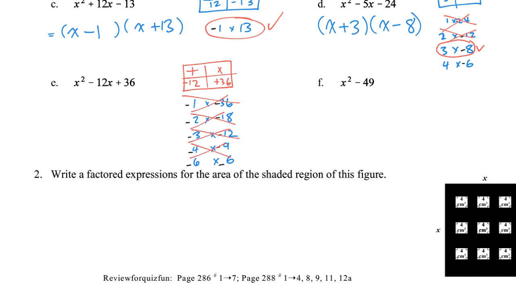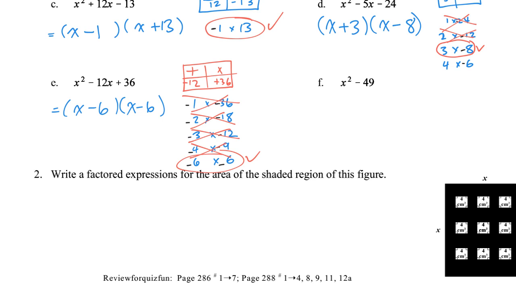This one doesn't work, but this last one does, because we have -6 plus -6 gives us our -12. Perfect. So now all we have to do is write our brackets with x. And now we have x minus 6 and x minus 6. Good to go.